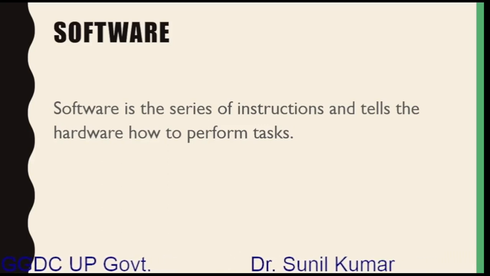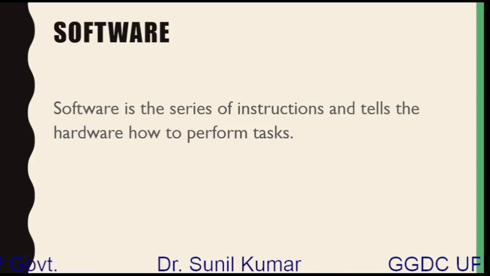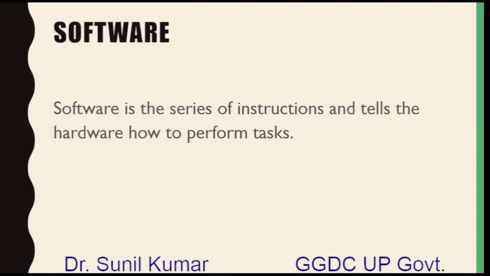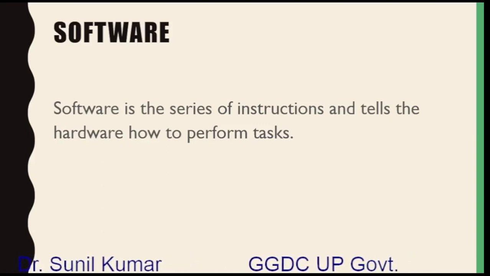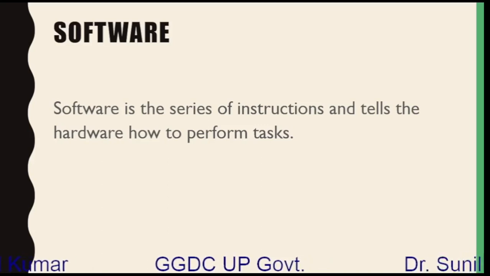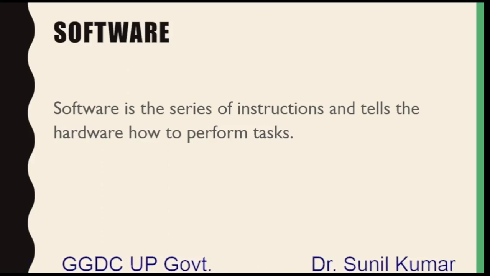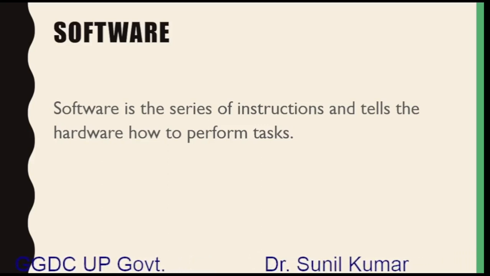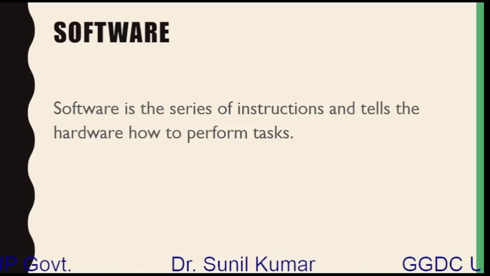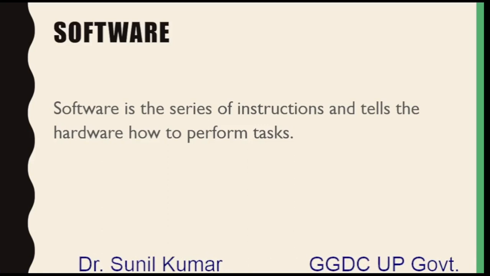The quality and functionality of software can vary greatly depending on its design, programming, and testing. Well designed and tested software can be highly reliable and efficient, while poorly designed or tested software can be buggy and prone to crashes and errors.